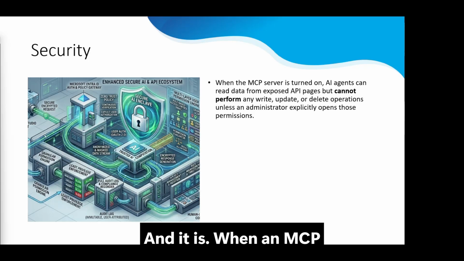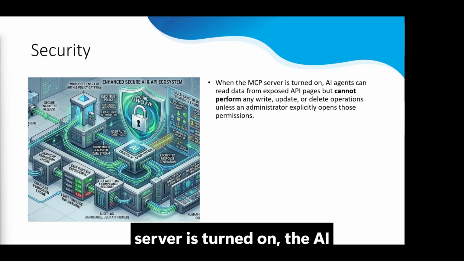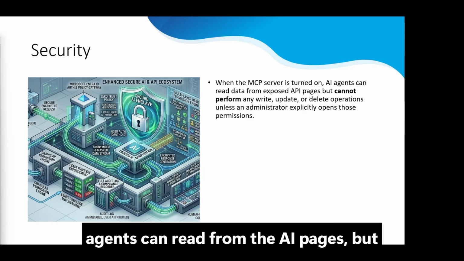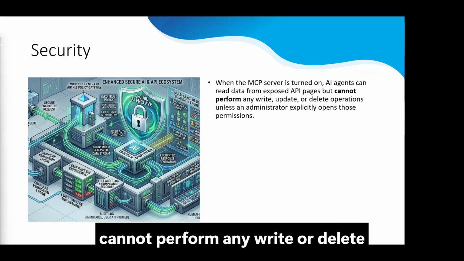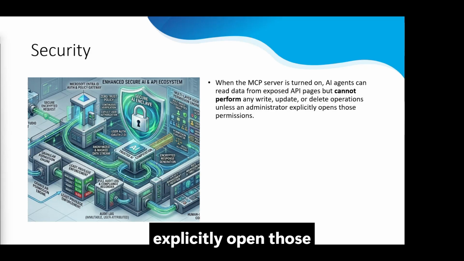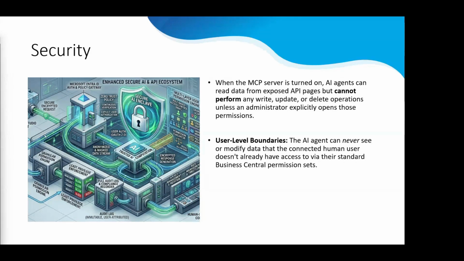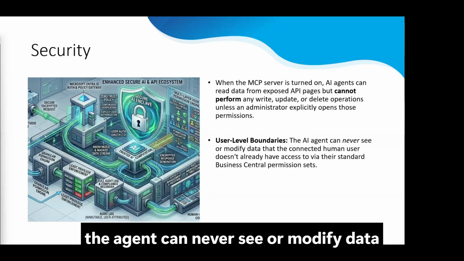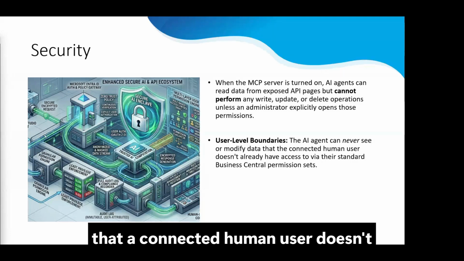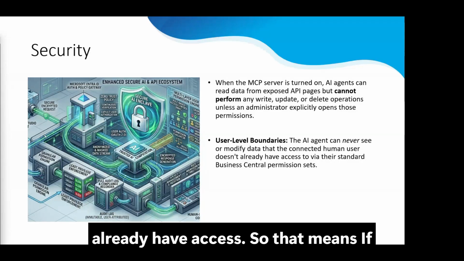When the MCP server is turned on, the AI agents can read from the API pages, but cannot perform any write or delete operations unless an administrator explicitly opens those permissions. The agent can also never see or modify data that a connected human user doesn't already have access to.